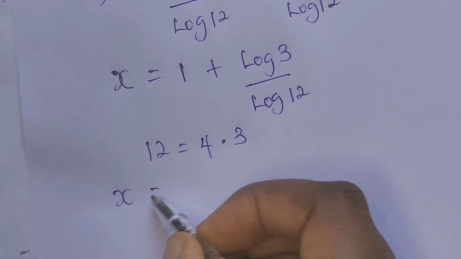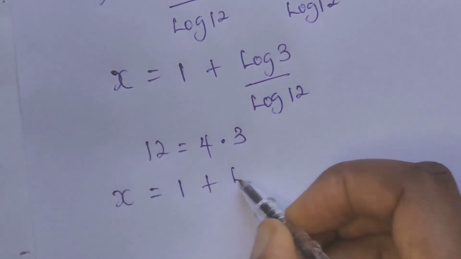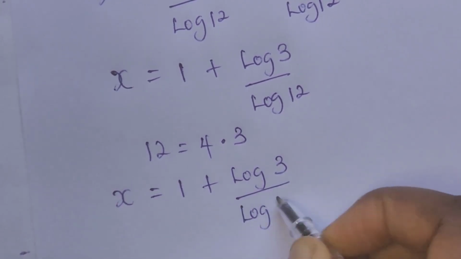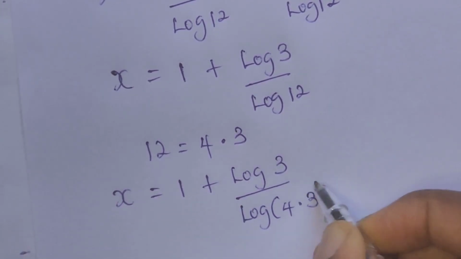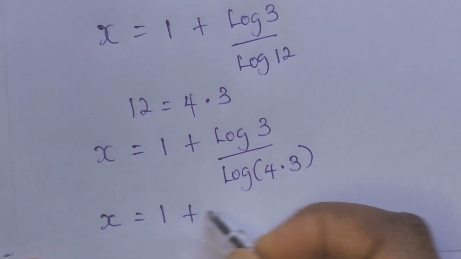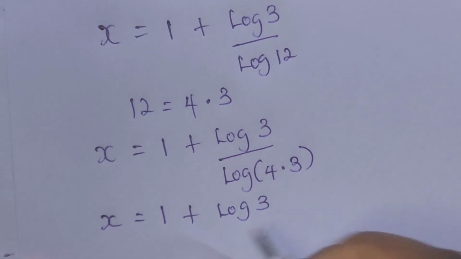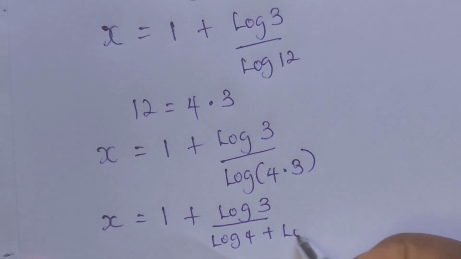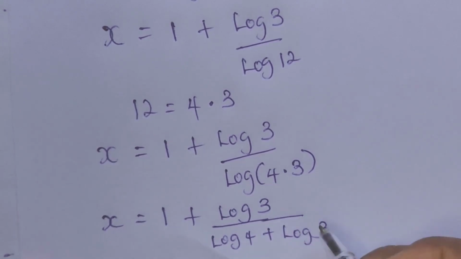So our x is equal to 1 plus log of 3 all over log of 4 times 3. So x is equal to 1 plus log of 3 over log of 4 plus log of 3.